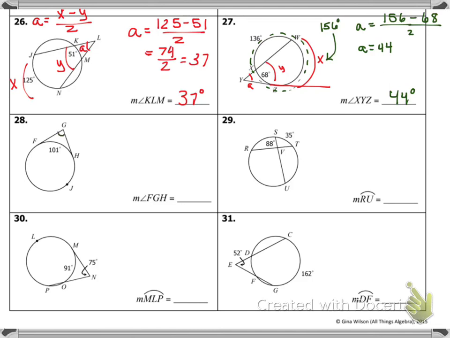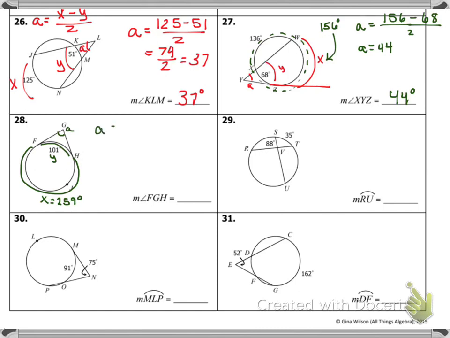On number 28, we're trying to find angle FGH. All right, so if that's my outside angle here, this would be my x, which would come from this entire outside angle. This would be my y, and that would be my a. I need to figure out what 360 without 101 is. And that means my x out here is going to be 259 degrees.